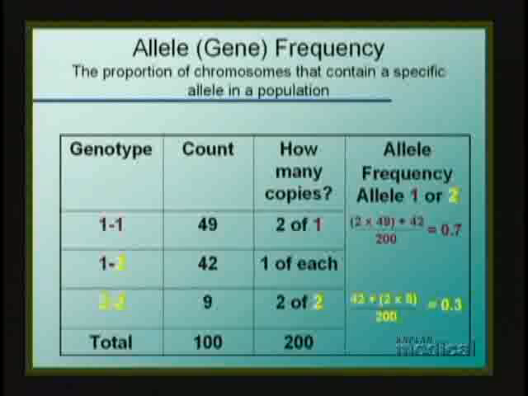We could have determined allele number 2 in a quicker way. That is, after we calculate allele number 1, we can get the allele frequency for allele number 2 just simply by subtracting from 1. So for allele number 2, we would have subtracted 0.7 from 1 to get our answer of 0.3.